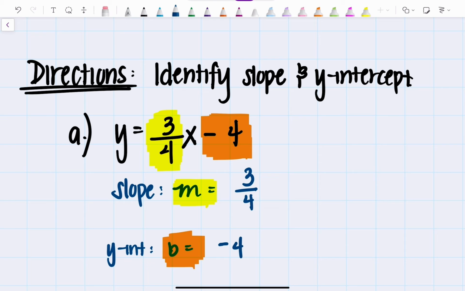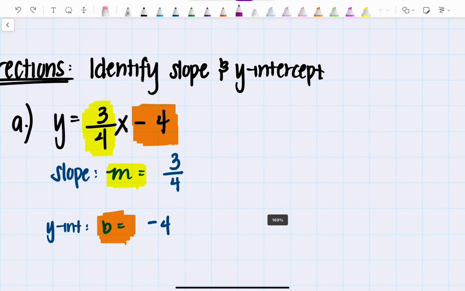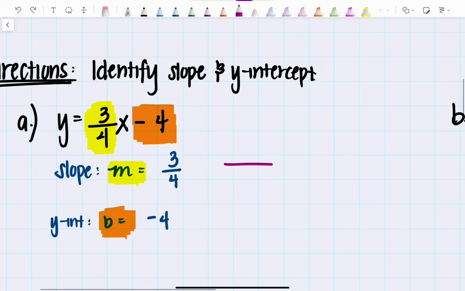All right. Once again, if I were to be graphing this, I would be starting first with -4. So I'd be starting at a point. Let's say I were to be graphing this here. This is x, and that's y. And let's say I start off at -4. We're here.